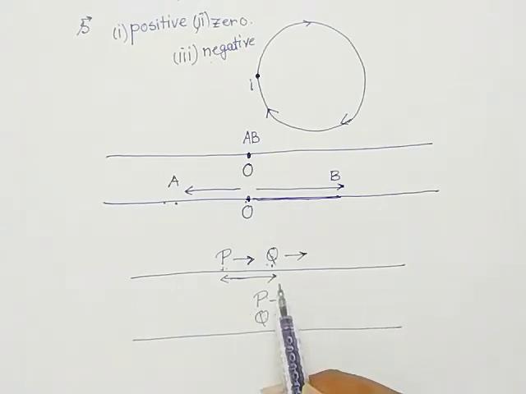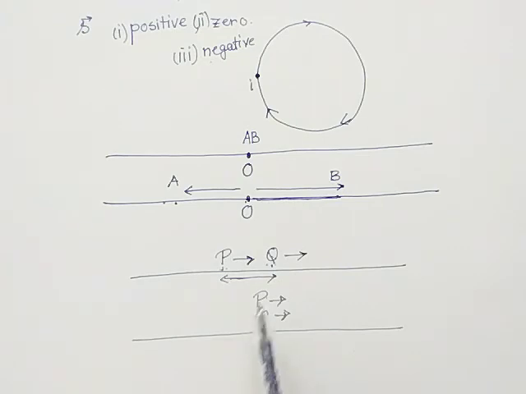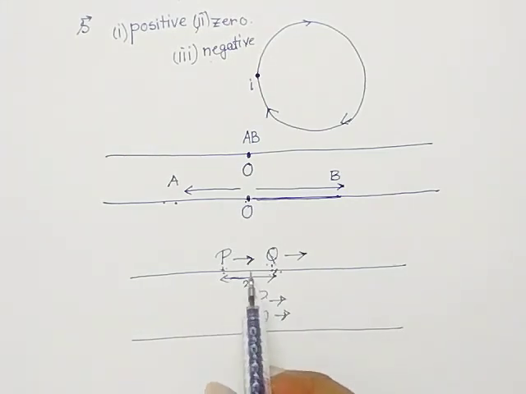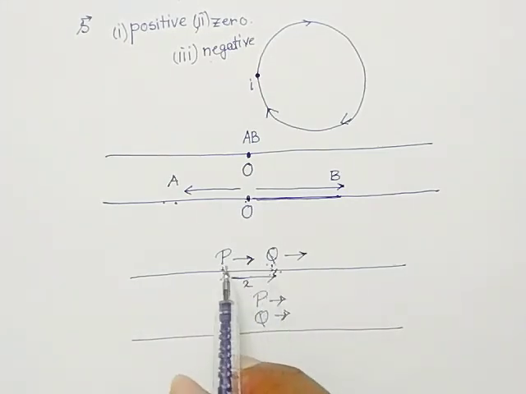If I want to analyze the displacement with respect to this reference frame, with respect to this example, then if P is observing Q, Q is advanced by a particular distance, say X. Q is advanced from P by a distance X. Similarly, if Q wants to see P, P is behind him.